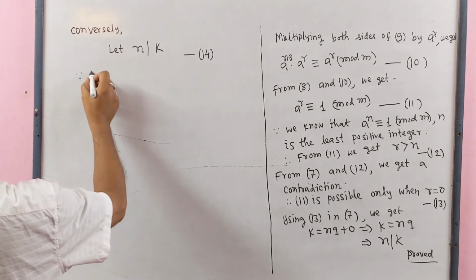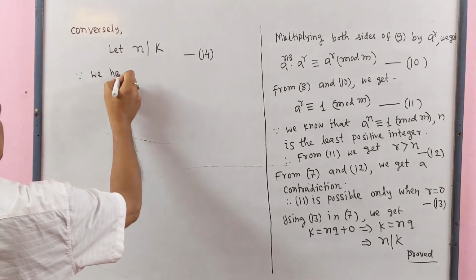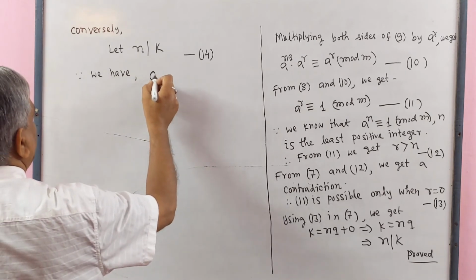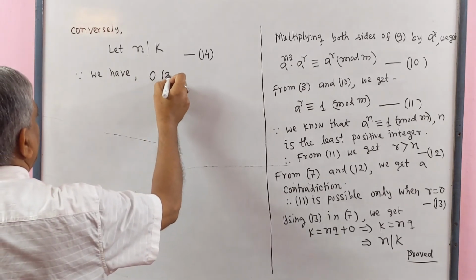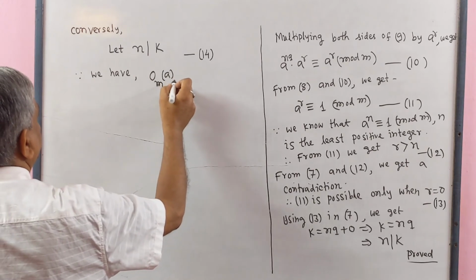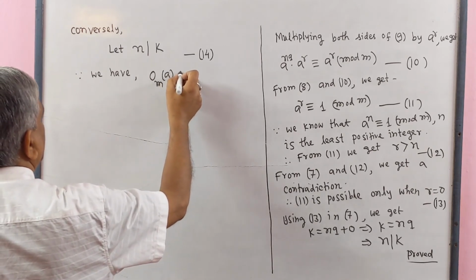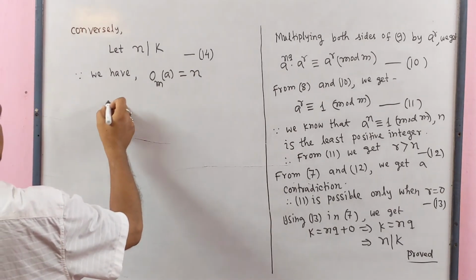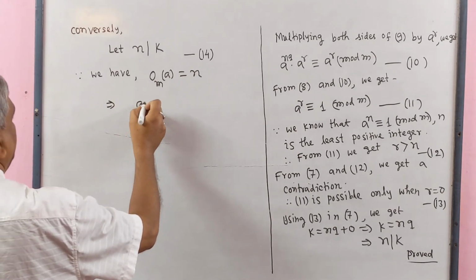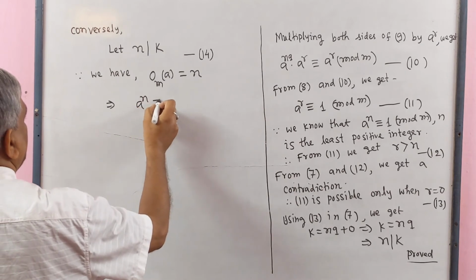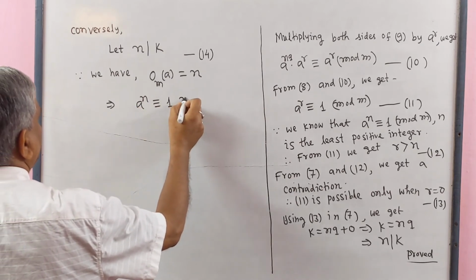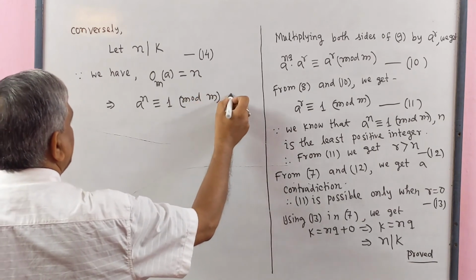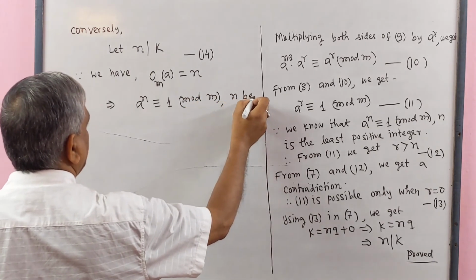Since we have order of A modulo M equal to N, this implies that A to the power N is congruent to 1 modulo M, N being the least positive integer.